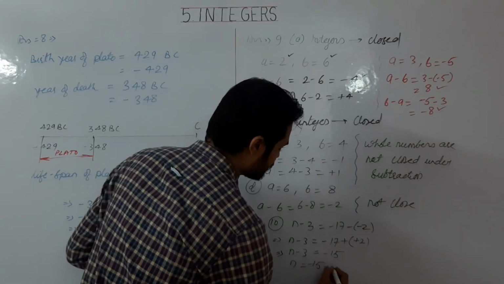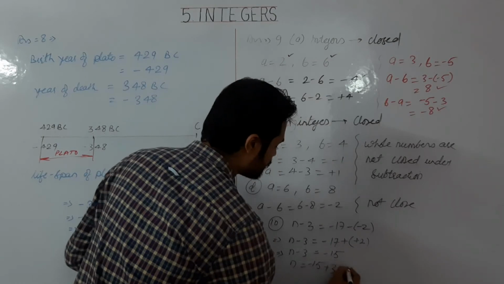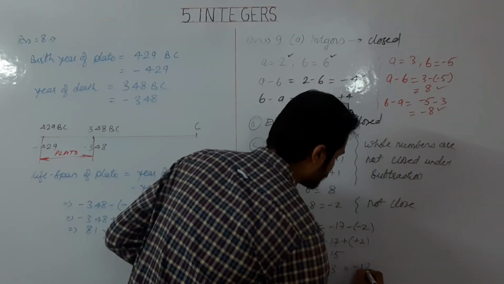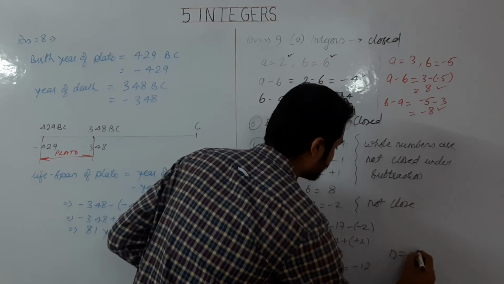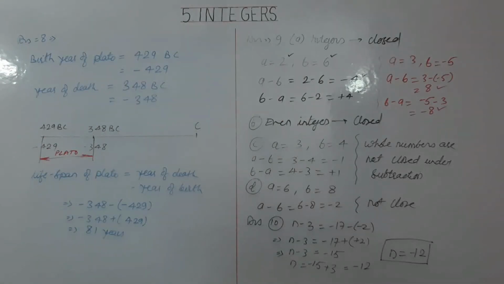After changing its side from left to right, it becomes plus 3. So minus 15 plus 3 is minus 12. N is equal to minus 12. Minus 12 is the integral value of n.